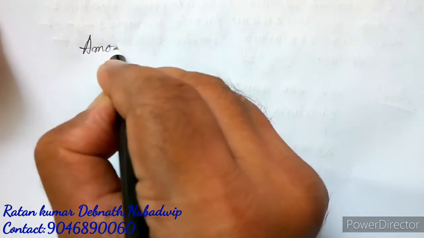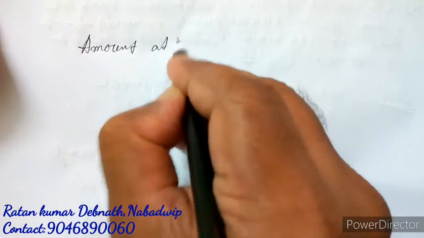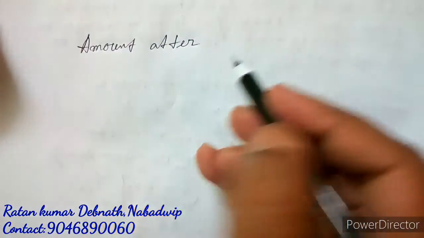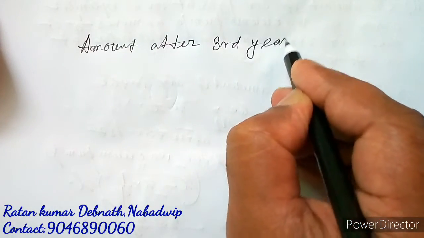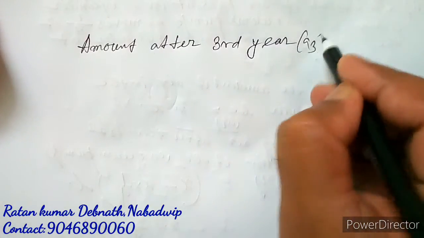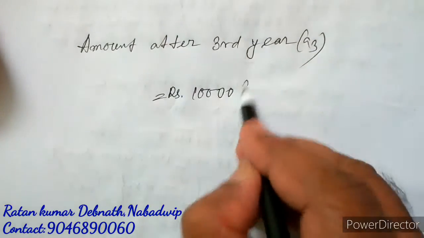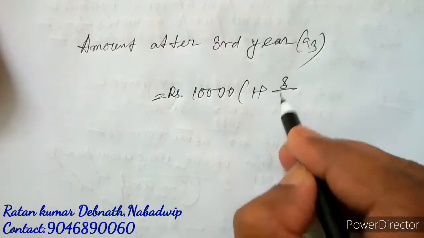Amount after third year, that is our A3, rupees 10,000 into 1 plus 8 by 100 cube.